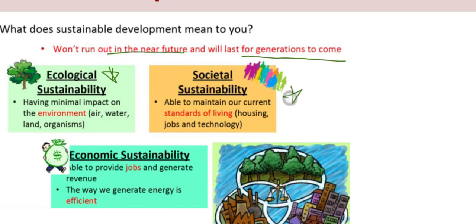It's societally sustainable, so we can maintain the standard of living we're used to, with our phones, housing, cars, jobs, and technologies. We also want something that is economically sustainable, so we're still able to provide jobs and generate revenue. The way we generate energy is also efficient. That is what sustainable development means.